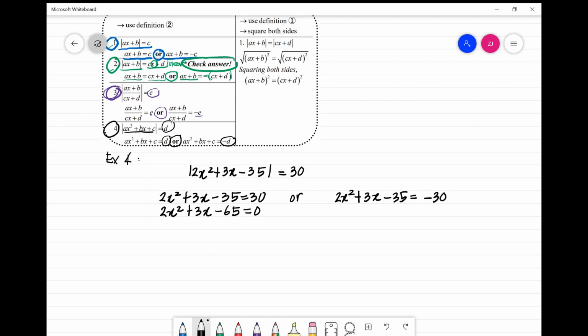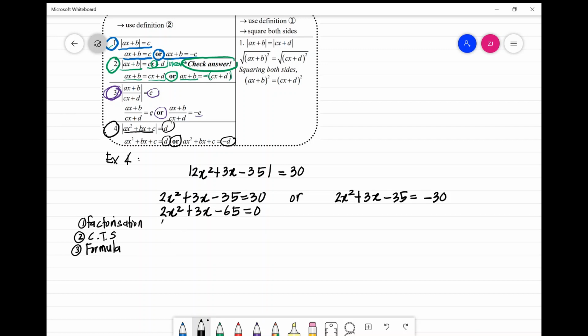Now in order to solve this, we may factorize. Whenever we have a quadratic equation, make sure we show either factorization, or completing the square, or by using the formula. Because we can factorize, we factorize into two different factors.